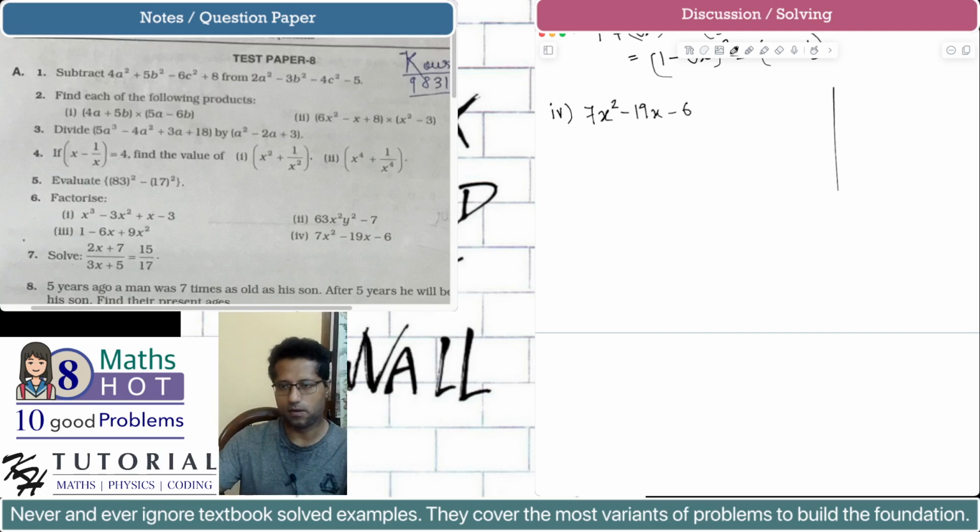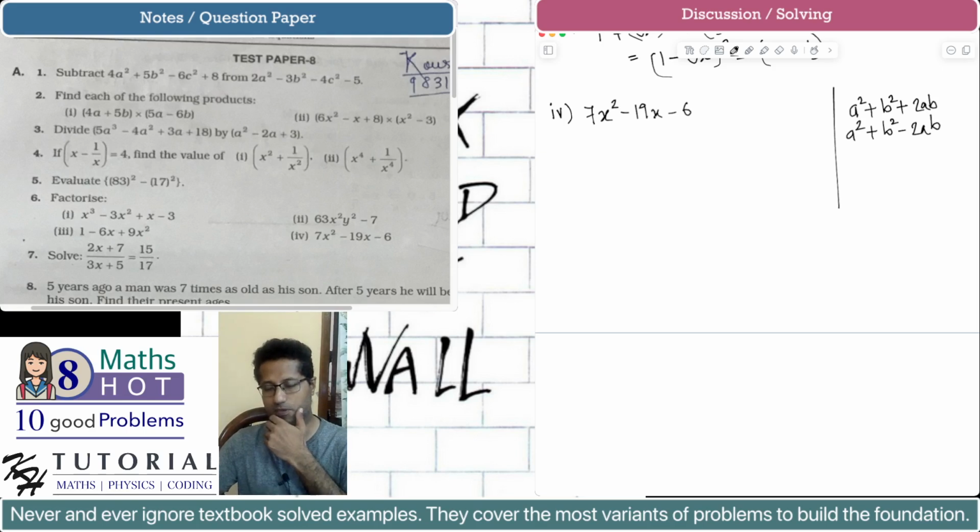So the form has to be either a square plus b square plus twice ab, or a square plus b square minus twice ab. Then only can we express it as a whole square.